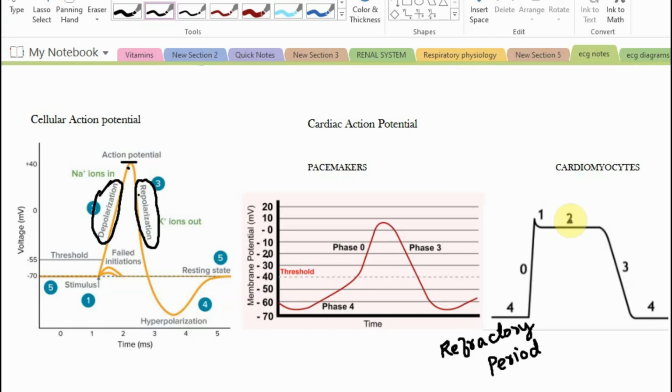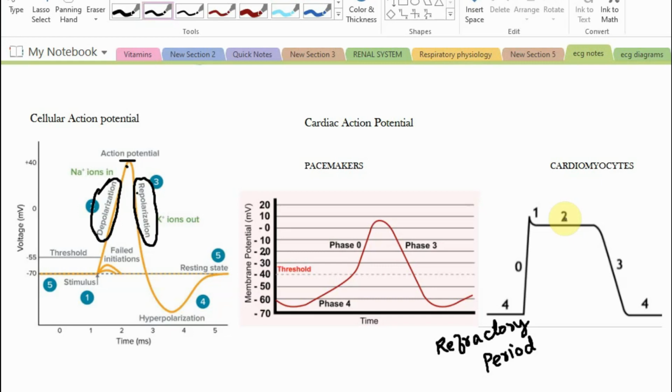Again, the refractory period can be further classified into absolute and relative.